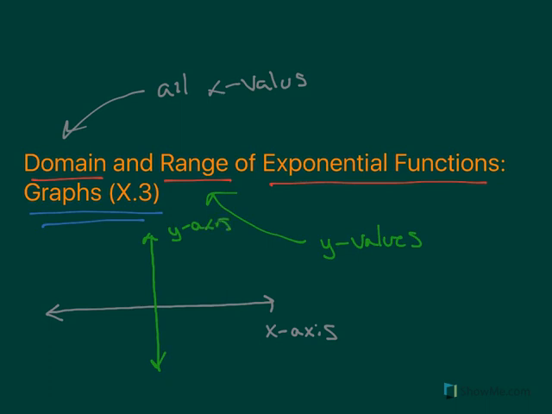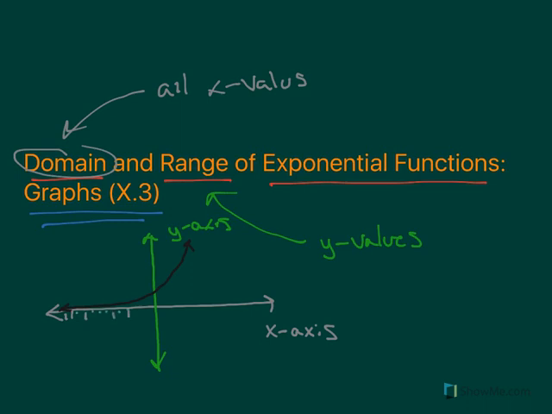And let's say we had something that looked like this. And we're trying to describe all the possible x values. So let's work on the domain first. What are all the different x values? It looks like it could be any x value here.